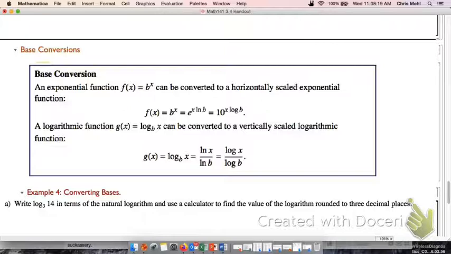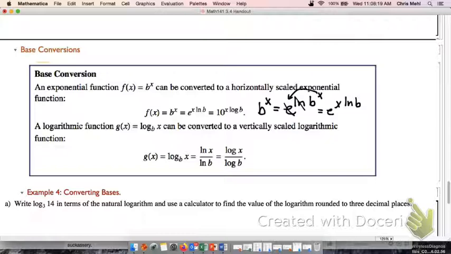These are coming from inverse properties. So b to the x can really be written as e to the natural log of b to the x, because if you think about it, the e and the ln are inverses and they undo each other. And then you can just bring the x out front, which is how you're getting e to the x natural log of the base, and you could do the same thing with the power of 10.